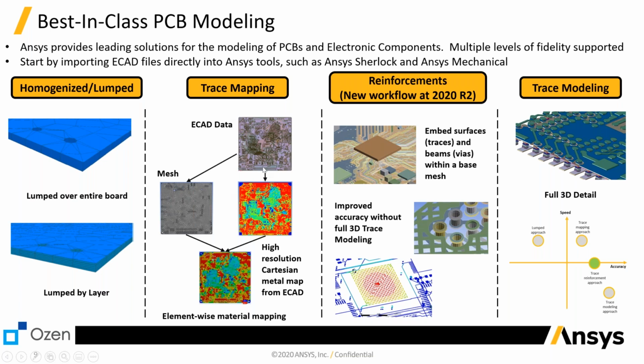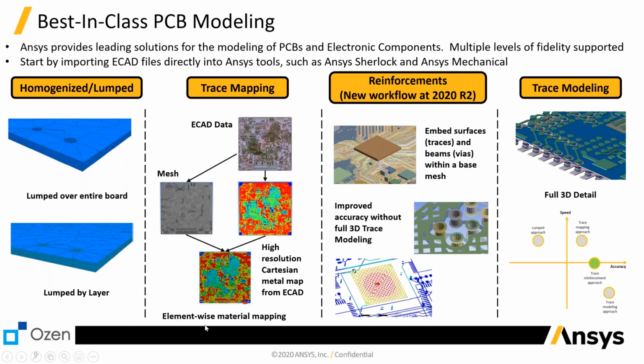So from ECAD data, we can actually read in the geometry, and we can map the material properties from the ECAD geometry onto a given mesh, so that when we look at the material plot of this mesh, due to the presence of different materials, the mesh is going to have different material properties assigned to it.